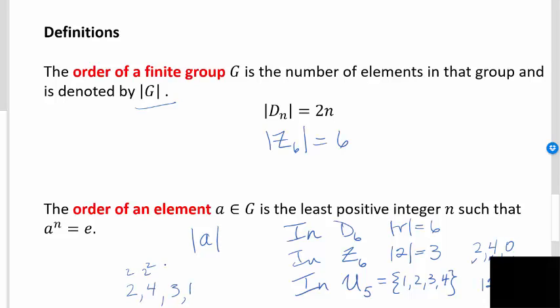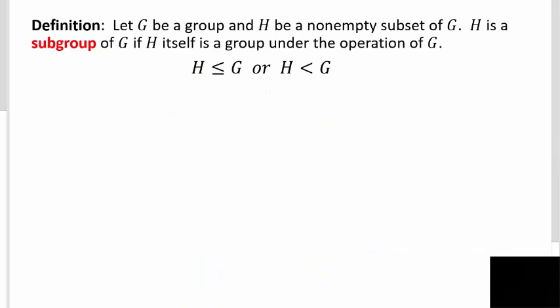So we have 2, 2 squared, 2 cubed, and 2 to the 4th is equal to 1. And so is 2 to the 8th, or 2 to the 20th. But 4 is the least positive integer such that 2 to that power is equal to the identity. So we say the order of 2 is 4.